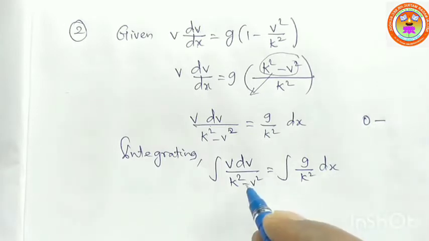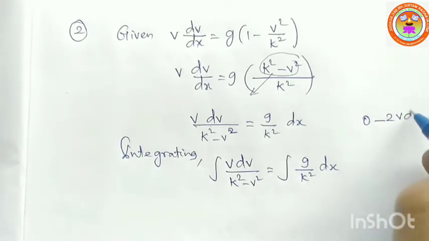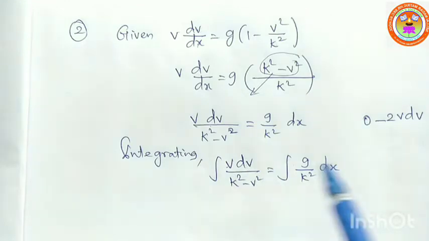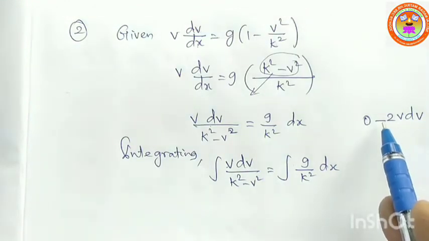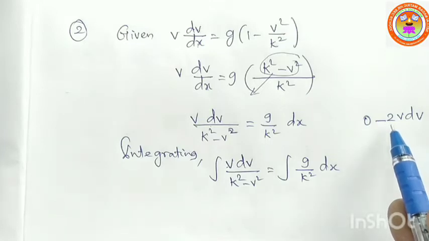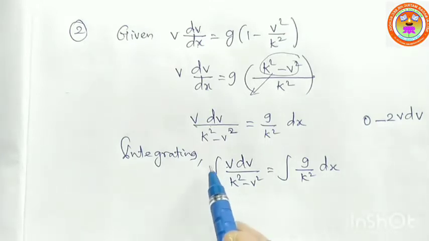Okay, then this minus differentiation of v square is 2v into dv. But in the numerator we have only v and dv. There is no minus 2v. So what we are going to do is, we can multiply minus 2 on both sides.